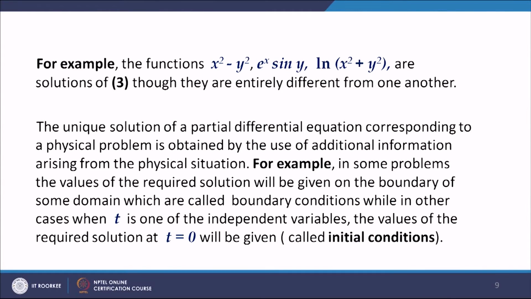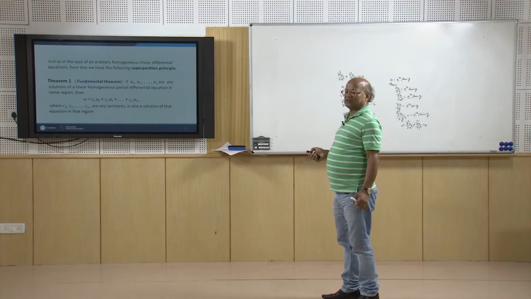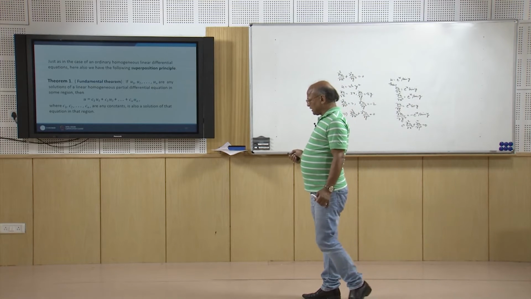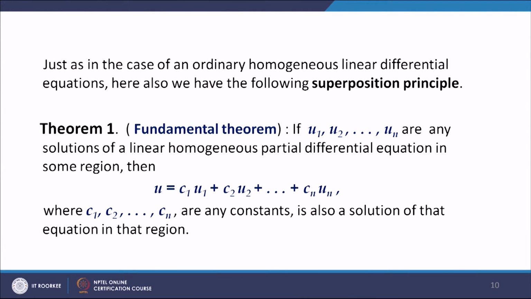Now, like we have seen in the case of ordinary differential equations, we have the superposition principle, that is, if y1, y2, yn are n independent solutions of the homogeneous linear differential equation, then c1 y1 plus c2 y2 plus cn yn is also a solution of that. So, here also we have the superposition principle.